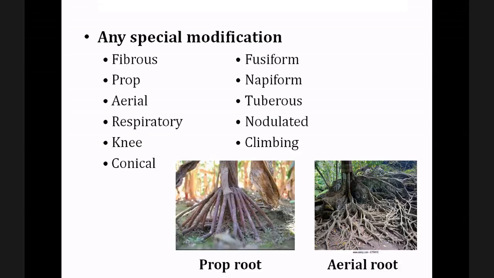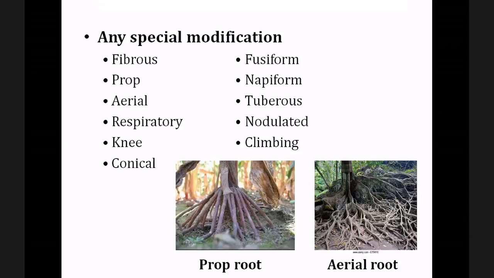The next root modification is the aerial root. This root is one of the modifications and they are above the ground level. In the picture you can see the roots are formed from above the ground level.